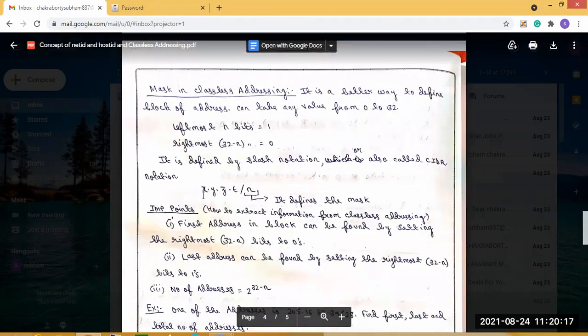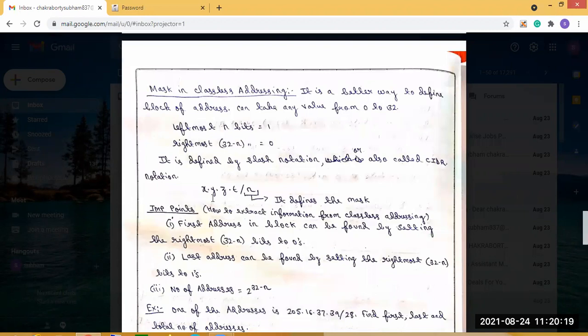This is the general format: the address is given as x.y.z.t/n. Now, this n is the mask. So to write classless addressing, it defines the mask like this.